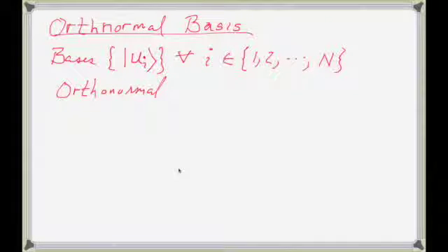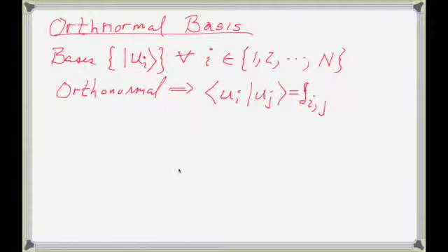Orthonormal just means that you take the dot product or inner product between any two of these, and for some discrete set of orbitals, you just get a Kronecker delta function. Are you all familiar with the Kronecker delta function? So if i equals j, it's 1, and if i is not equal to j, it's 0. Right? That's your Kronecker delta function.